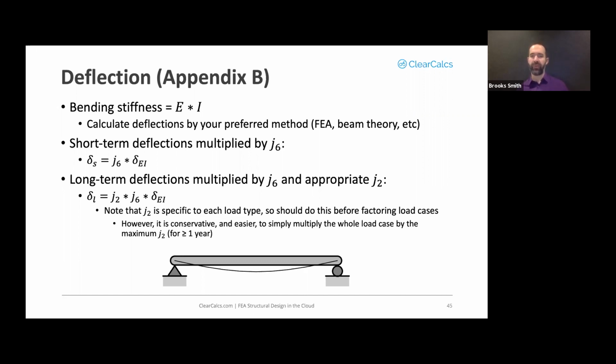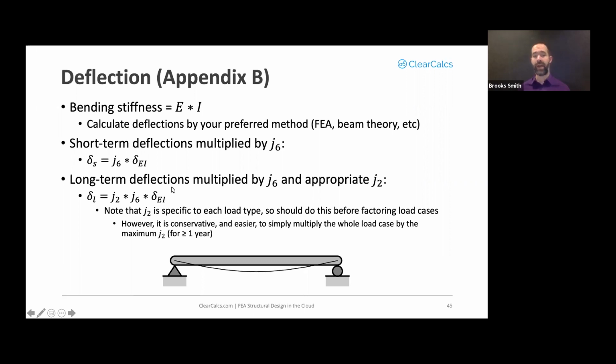So for short-term deflections, you have that J6 modification factor only. So your simple deflections multiplied by J6 give you short-term deflections. And then long-term deflections, you multiply your simple deflections times J2 and J6.